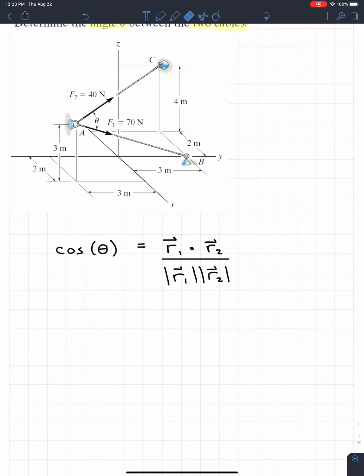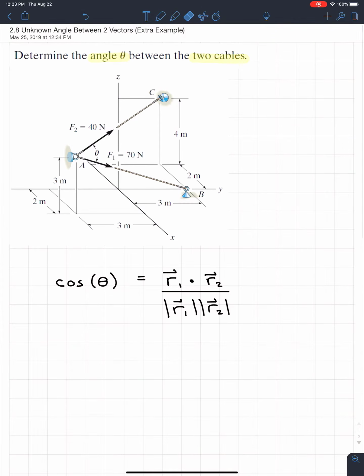However, when we have an example like this where we have to find the position vector anyways, taking that extra step to find the unit vector may not be worth it. In some examples you're given unit vectors or have to calculate them beforehand, so if you already have them handy, it's great to use. However, in this case we don't have them handy, so it's easier to use the position vectors.